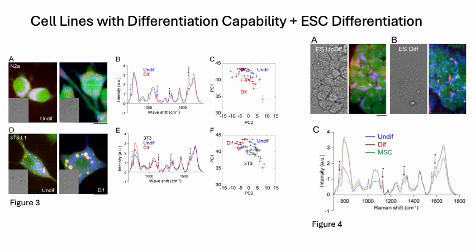Importantly, they also compared the ESC spectra to those of mesenchymal stem cells, or MSCs. The Raman fingerprint of MSCs particularly overlapped with the cluster of differentiated ESCs, and this indicates that once the ESCs begin losing their pluripotent state, their nuclear composition gradually becomes more similar to that of other stem-like cells.